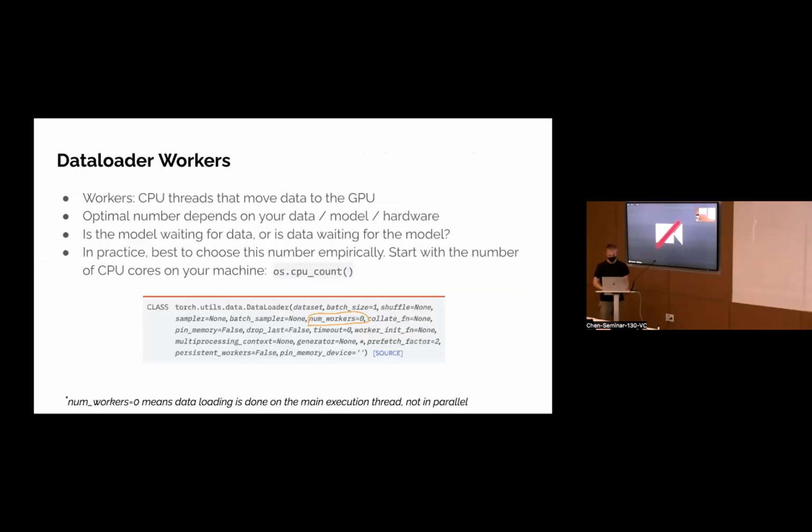Okay. The next thing you can optimize is the data loader workers. As we talked about, they're CPU threads that, in parallel, move data from your hard drive to the GPU. The optimal number depends on your data and your hardware, and the hardware includes both the CPU and the GPU. The question is whether the model is waiting for the data, meaning your model is running faster than your data loaders can load the data, or the other way around, that your data loaders are waiting for the model to finish an iteration through the forward pass and backward pass.